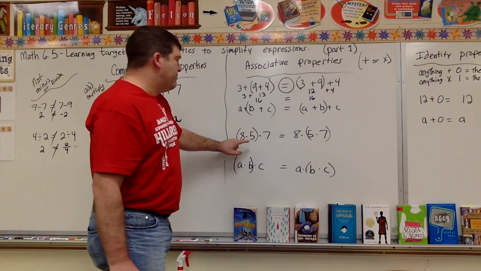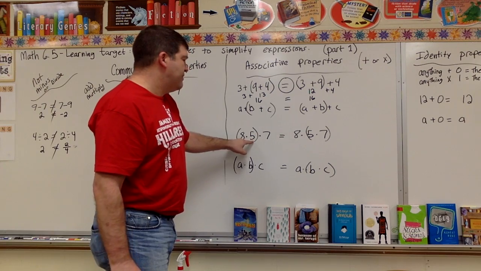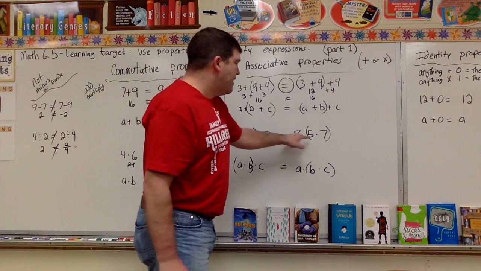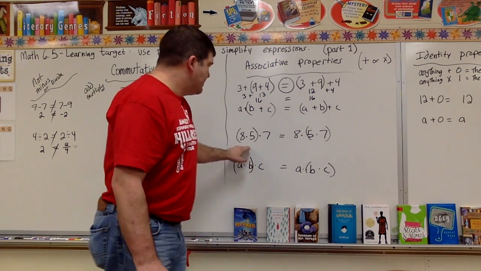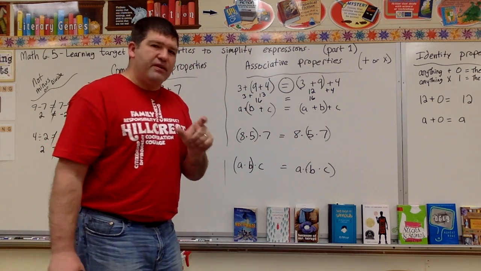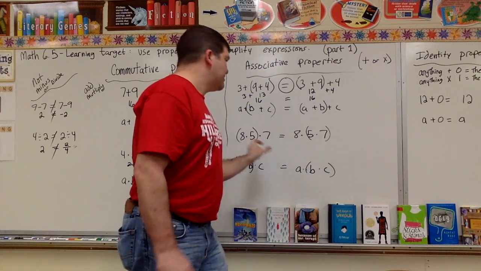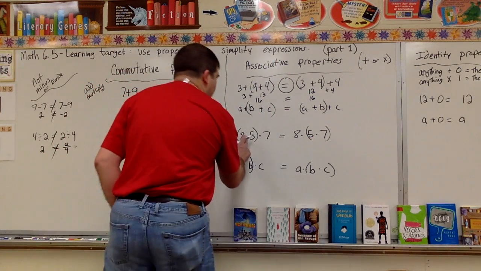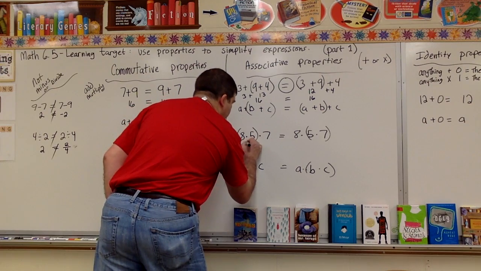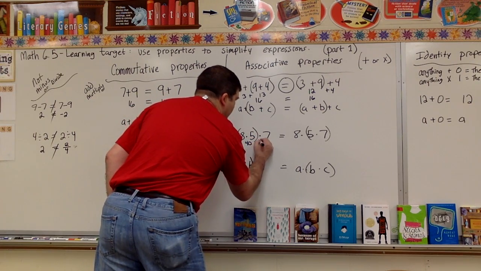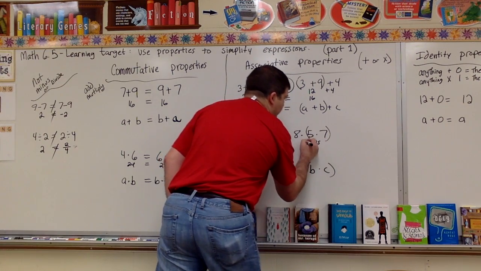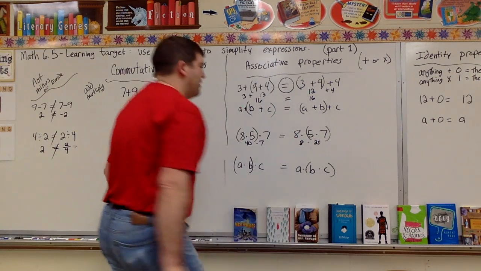So I have multiplication. 8 times 5 times 7, and then I have 8 times 5 times 7. So they're in the same order. I'm grouping them differently, though. I'm going to say I want to do this first over there, and I want to do this first over here. So let's do this. 8 times 5 is 40, times 7. 5 times 7 is 35. Bring that down times 8.